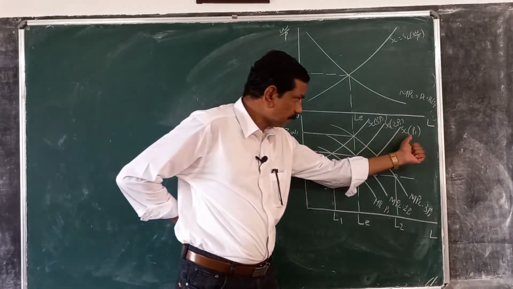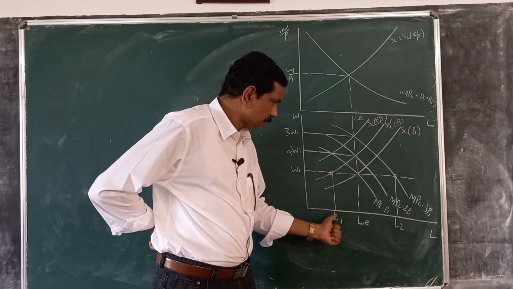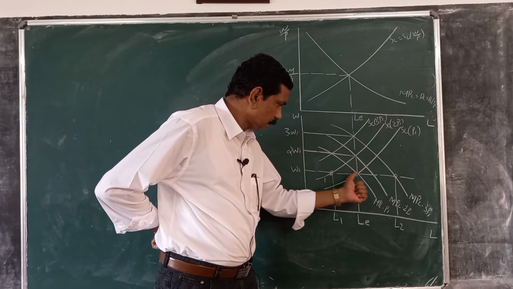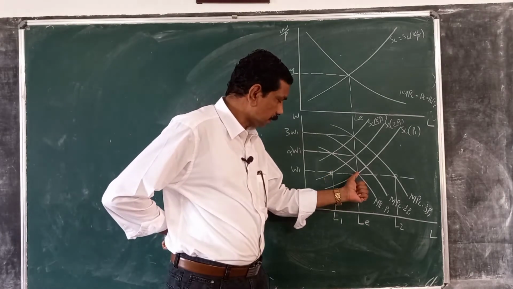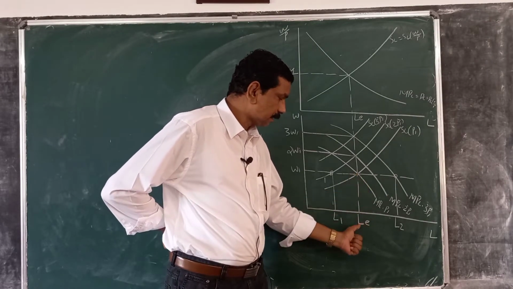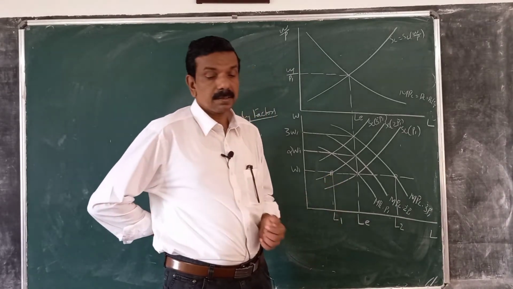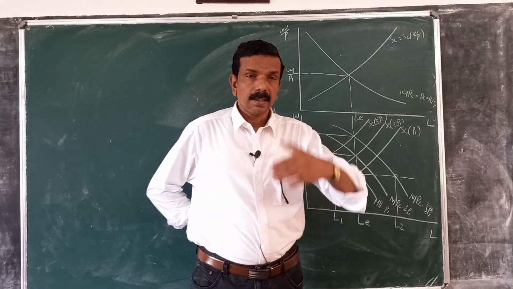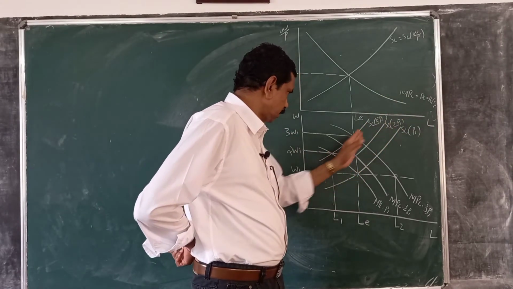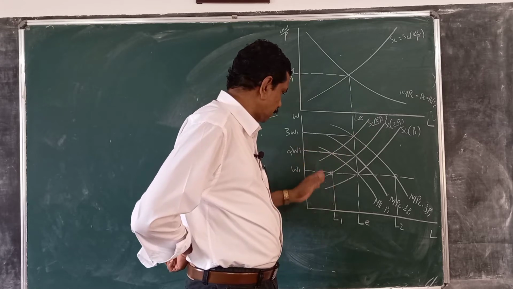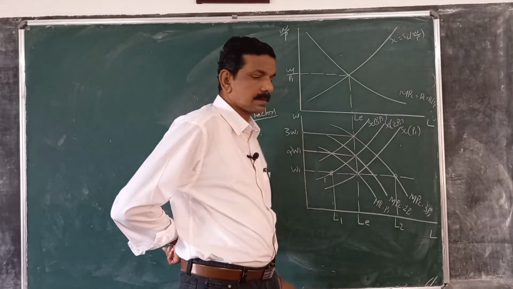So if P1 doubles, then for the old money wage, only L1 amount of labor is supplied now. Initially, the labor supply was LE. Now only L1 amount of labor is supplied. And as the price level again increases to 3P1, SL shifts again; for the same money wage, less labor will be supplied if you extend this curve like this.